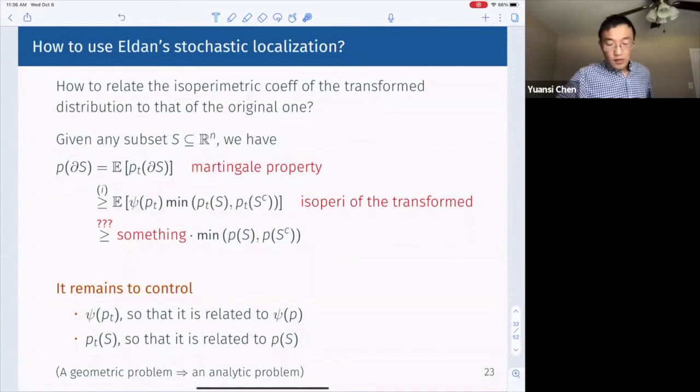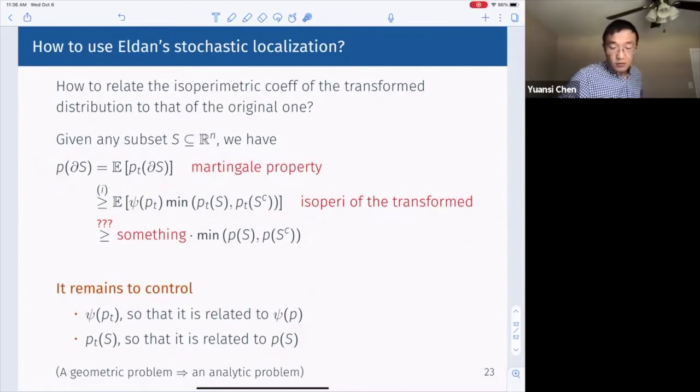So you kind of have a high dimensional geometric problem at the beginning. You want to prove that the boundary measure is larger than this times the minimum of the volumes P(S) and P(S complement). But by using this stochastic localization, you end up with an analytic problem.